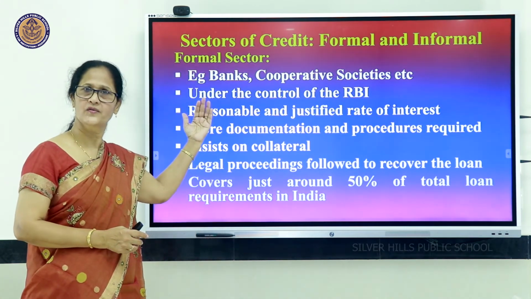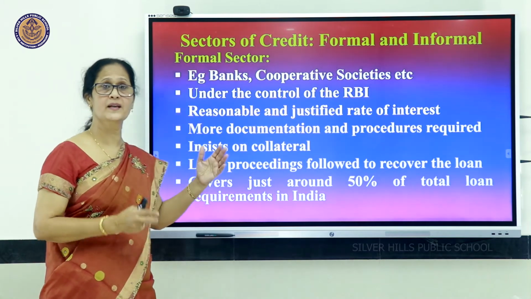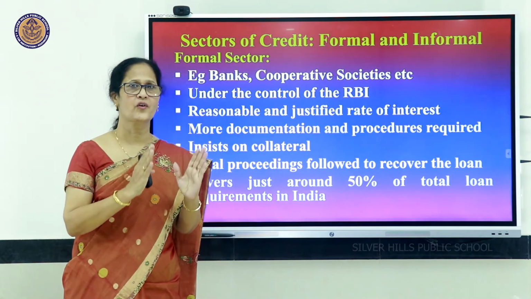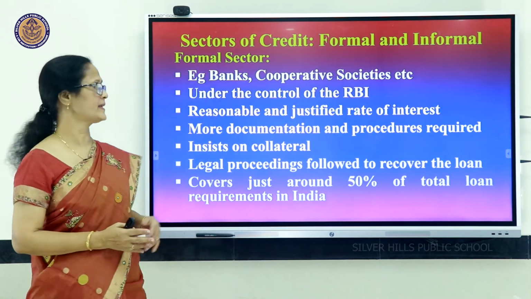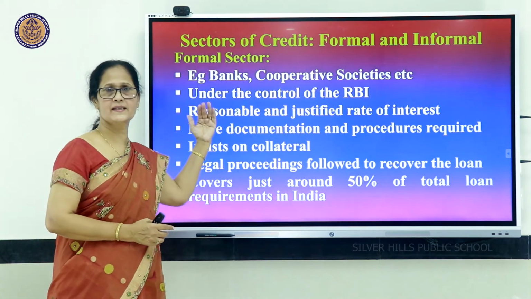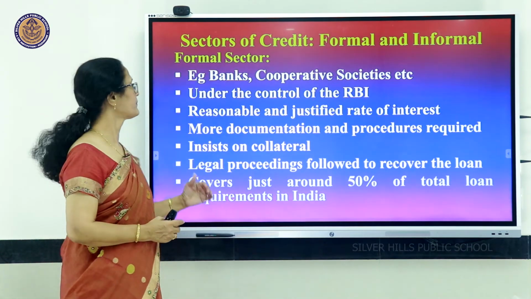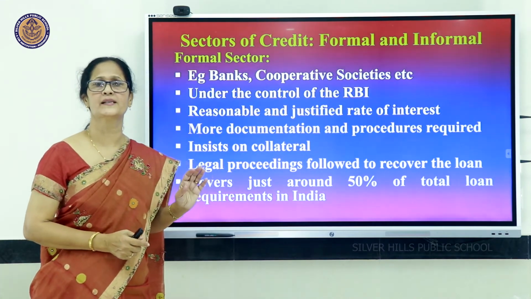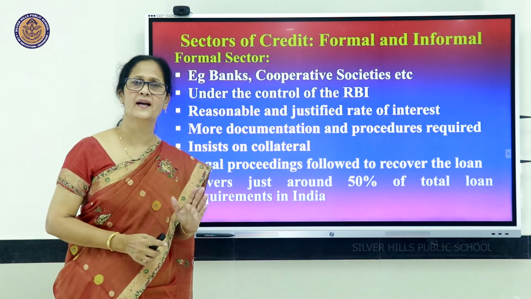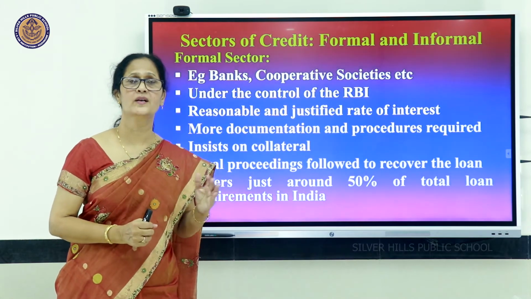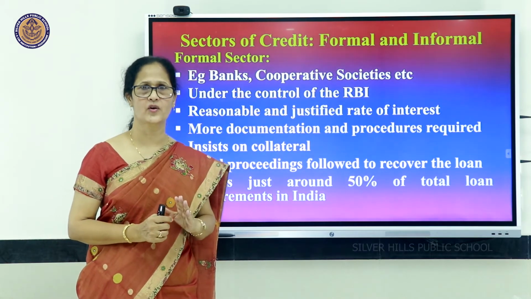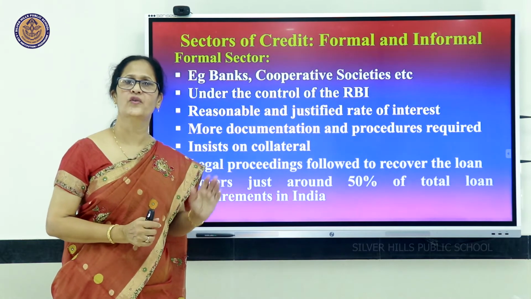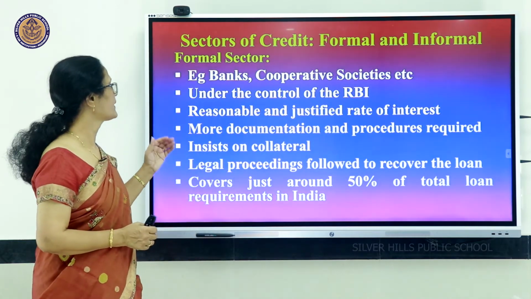First, about the formal sector. Your question can be: differentiate between formal and informal sector credit. Formal sector credit, what are the characteristics? First point, examples of formal sector credit are banks and cooperatives. Loans taken from banks and cooperatives are called formal sector loans.